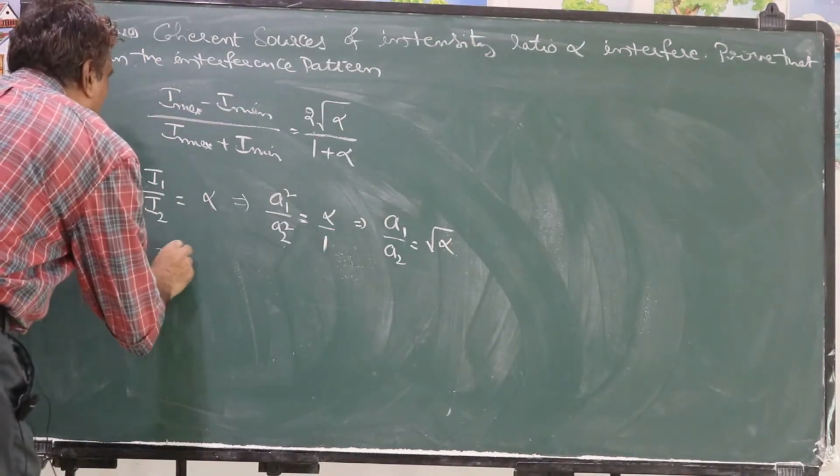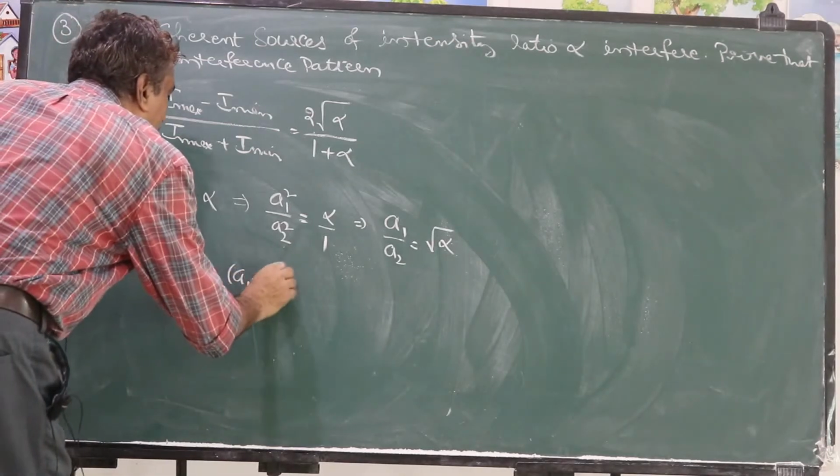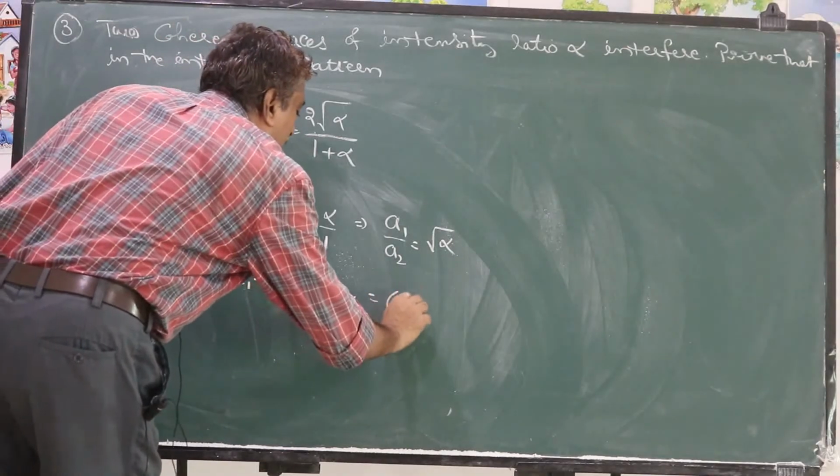So we have the condition Imax equal to A1 plus A2 whole square and I minimum is equal to A1 minus A2 whole square.